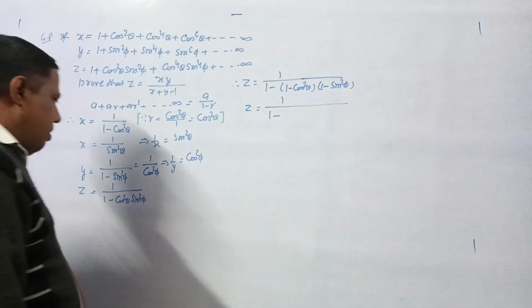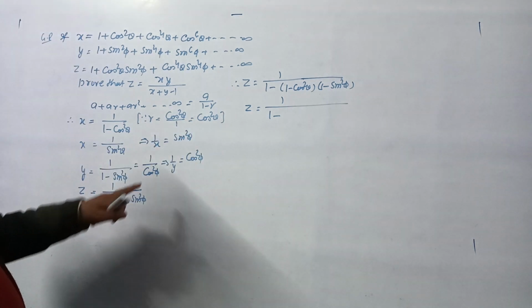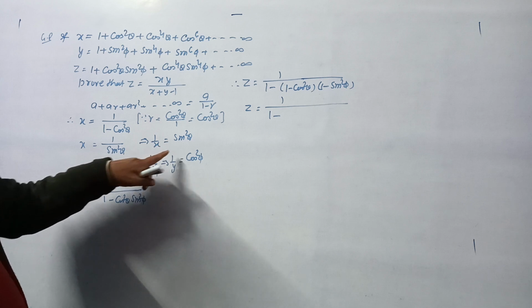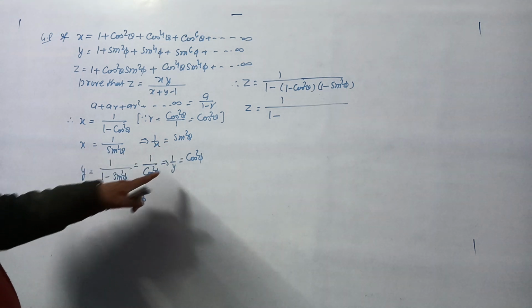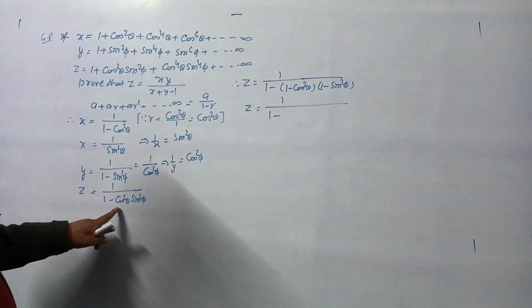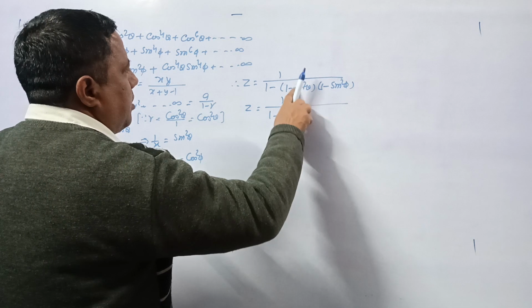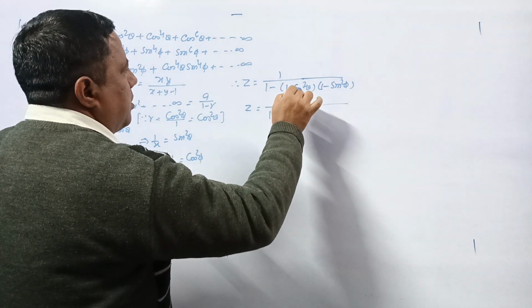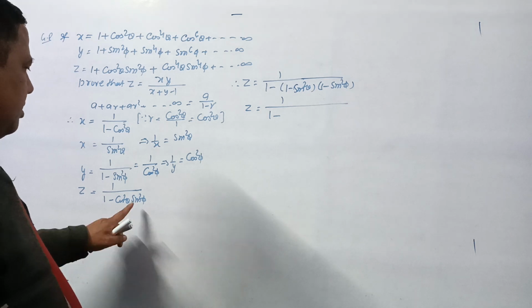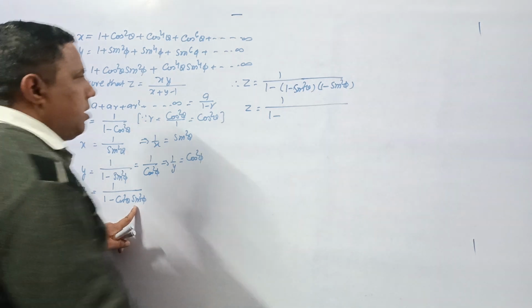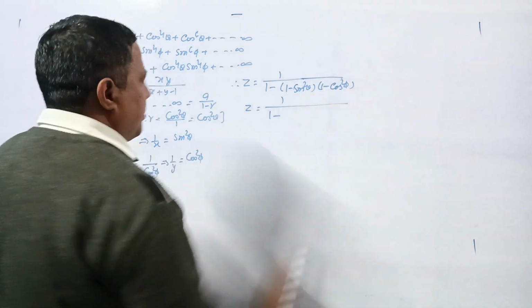z equals 1 upon 1 minus cos square theta, here cos square theta is 1 minus sin square theta, and sin square phi is 1 minus cos square phi.